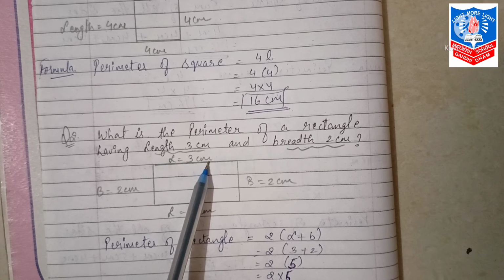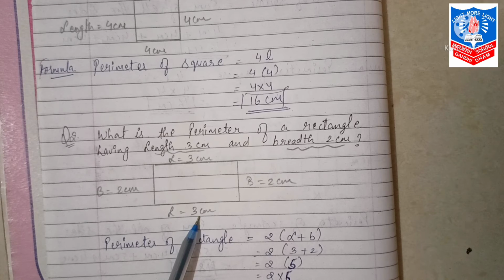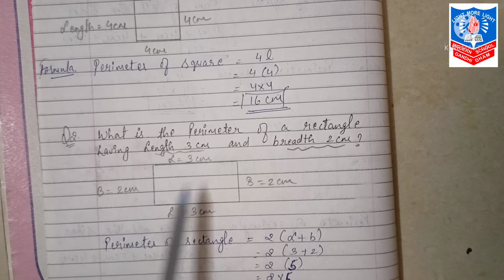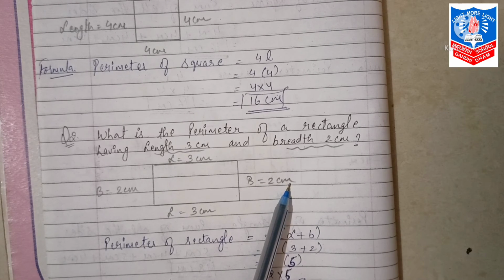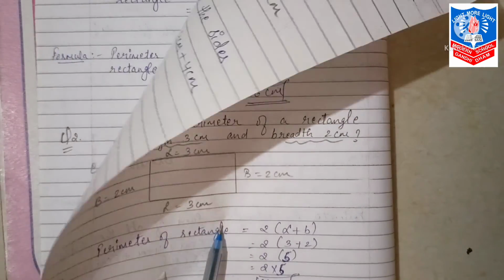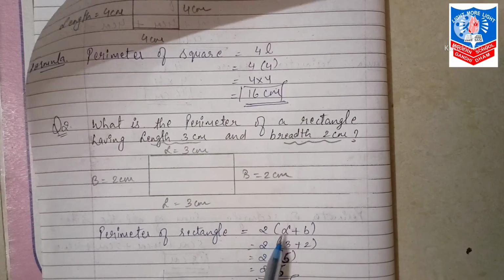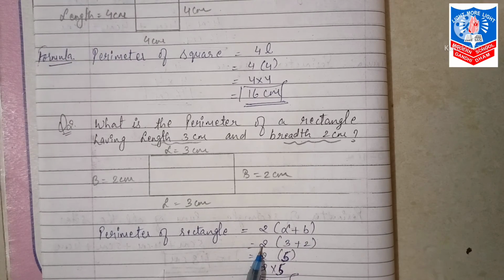Length is given 3 centimeter, so we have written 3 centimeter length both upward and downward side, because opposite sides will remain the same. Breadth is 2 centimeter, again on the opposite side we are having 2 centimeter as breadth. Now we will apply the formula. Perimeter of rectangle 2 bracket length plus breadth. Again 2 will remain the same.